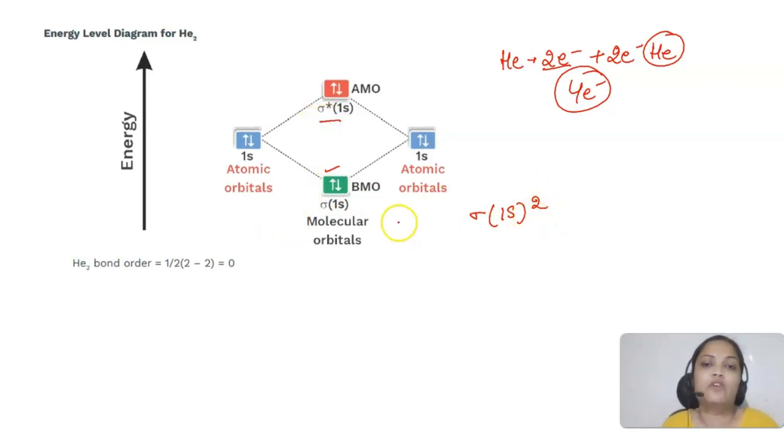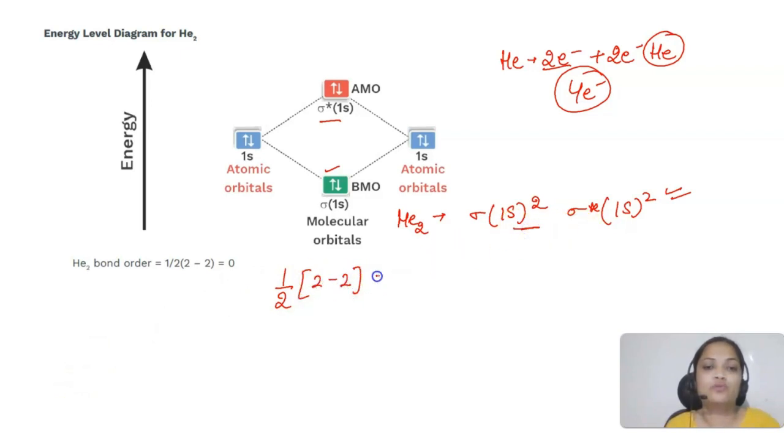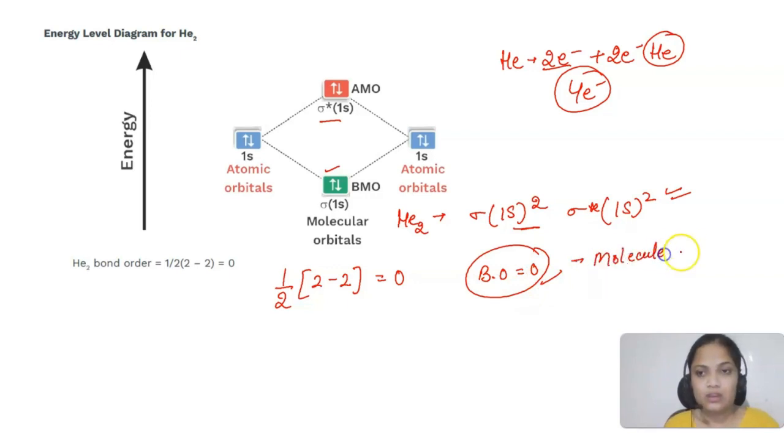So the configuration for helium 2 will be sigma 1s2, sigma star 1s2. I'll be writing the number of electrons in the superscript. Bond order निकालेंगे. Half into bonding molecular orbital में 2 electrons, anti-bonding में भी 2. So it is coming out to be 0. Just now I have told you कि bond order 0 means that the molecule does not exist.